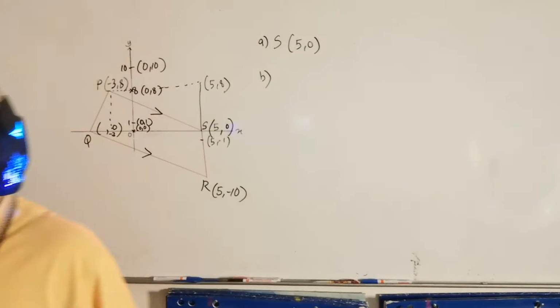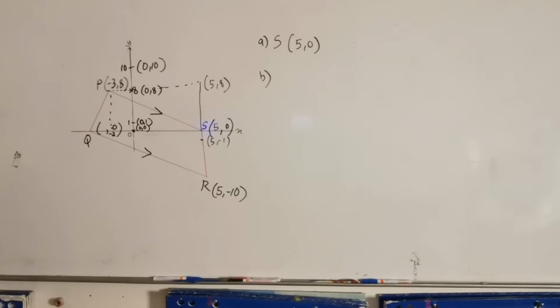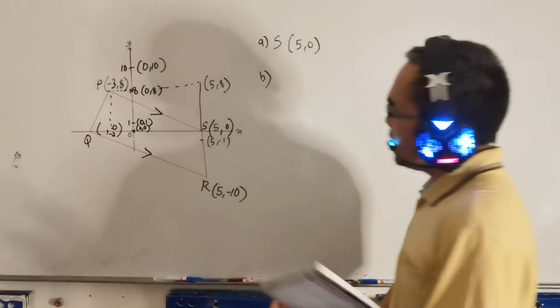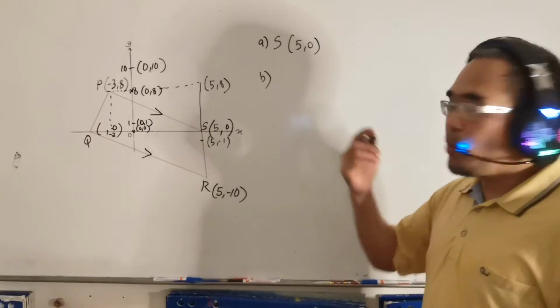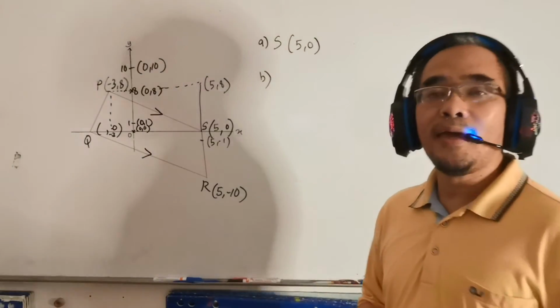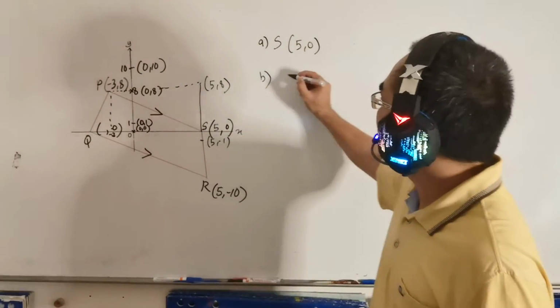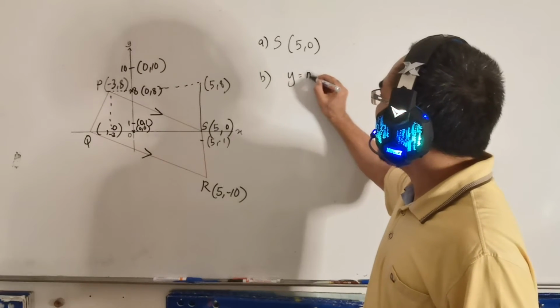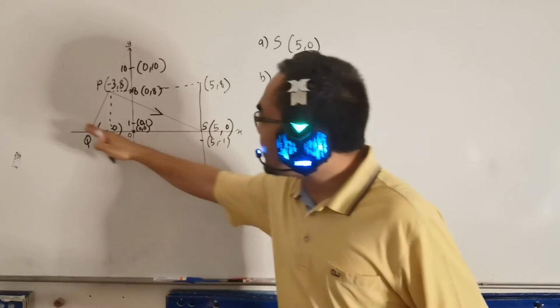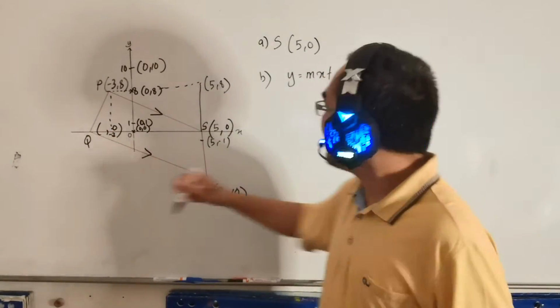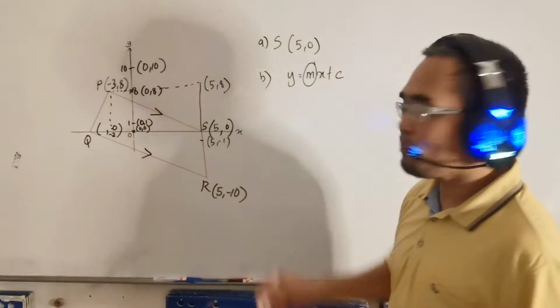Okay. Now look at B. The equation of the straight line QR. First, you have to know the equation of a straight line is y equals mx plus c. So how do I get the gradient, the value of m?